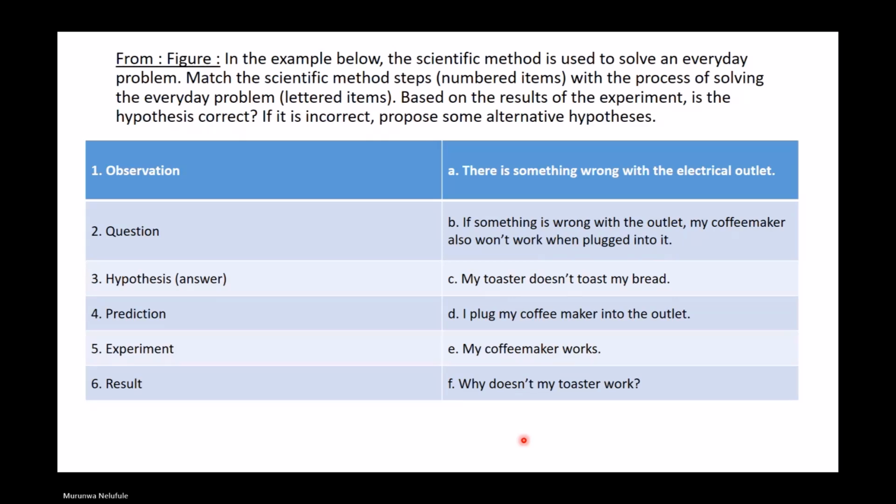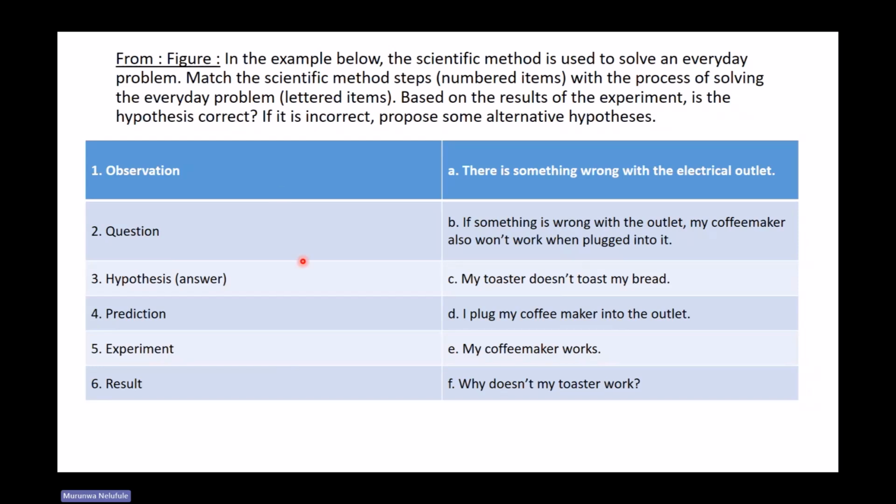Not really. Can you try to elaborate it? Anyone who understands it? In the below, the scientific method is used to solve every problem. The first part of the question is that we're going to be matching the numbers to the letters. Match the scientific method steps.